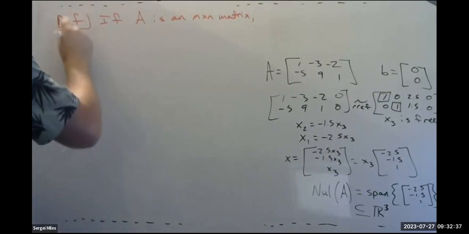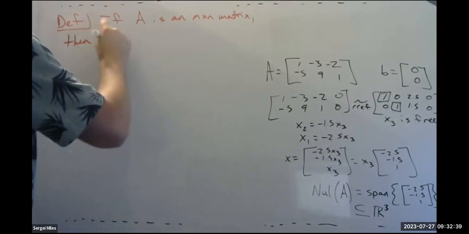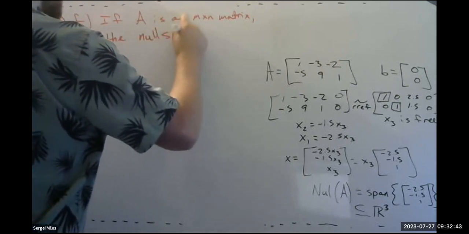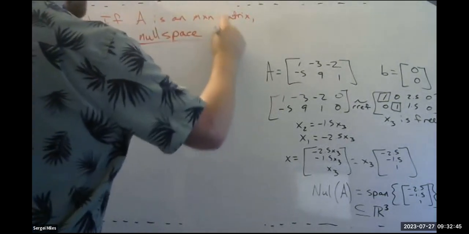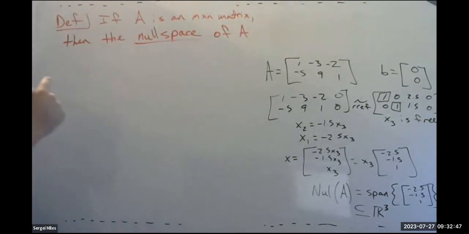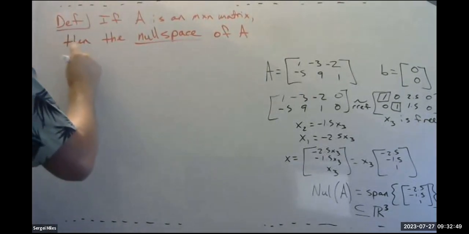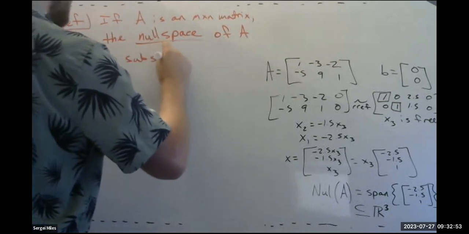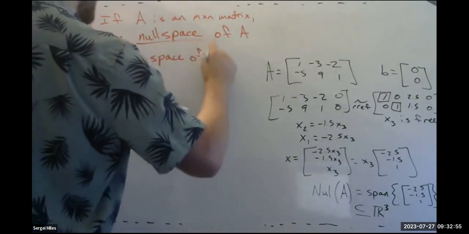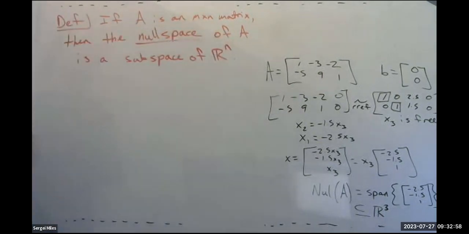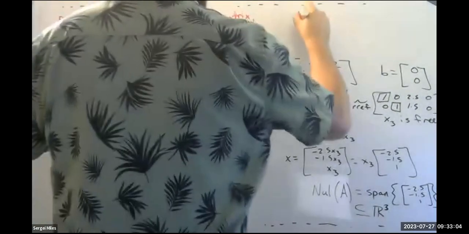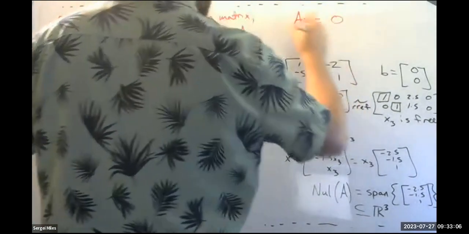All right. Then the null space of A, first of all, is a subspace of Rn. Why is it in Rn? Well, remember, if A is an M by N, so imagine over here the equation.